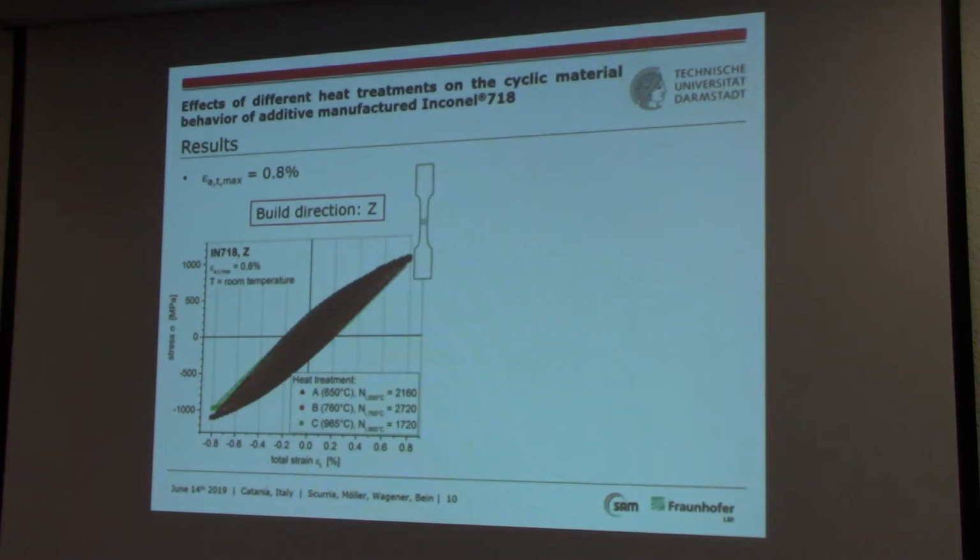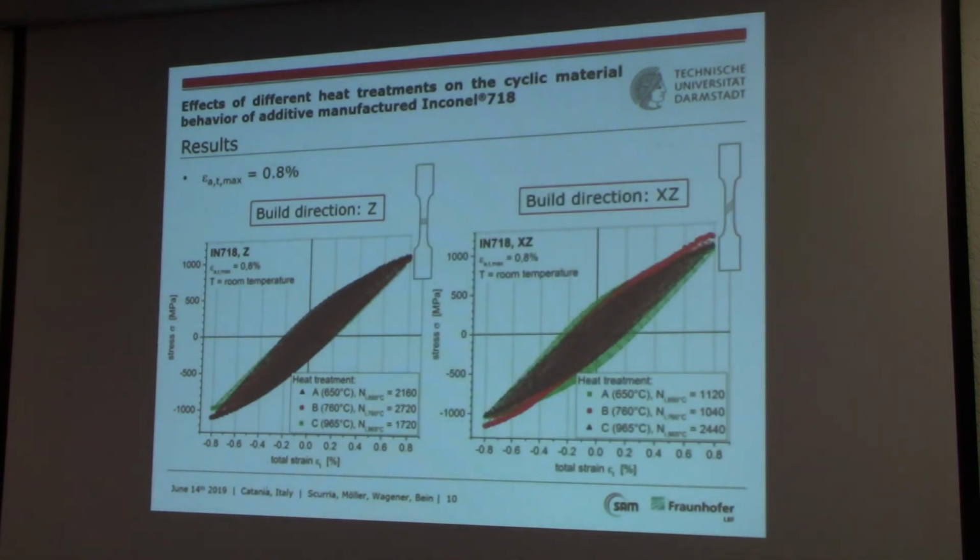But going on to 0.8%, the difference between the hysteresis, especially in the tension direction, completely disappears, depending on the different heat treatments. So the hysteresis are overlapped in the case of the Z specimens. But this is not true in the case of the XZ, where we can still see some differences.